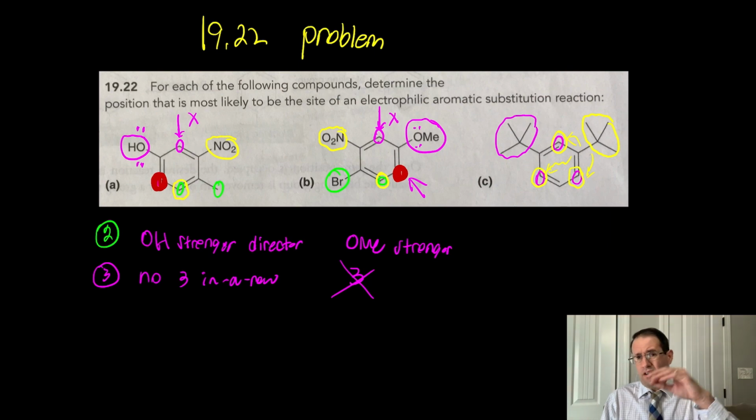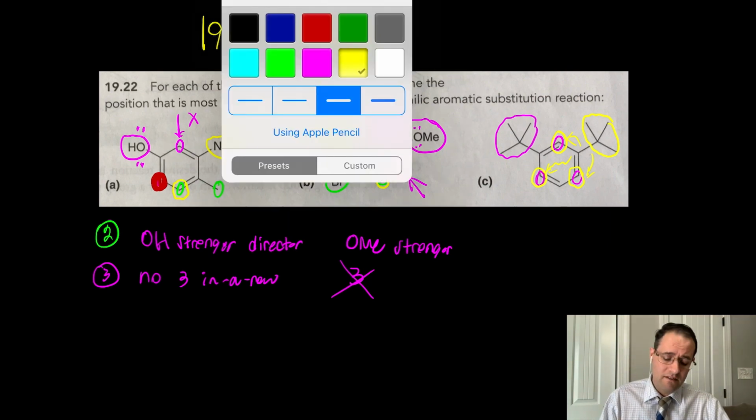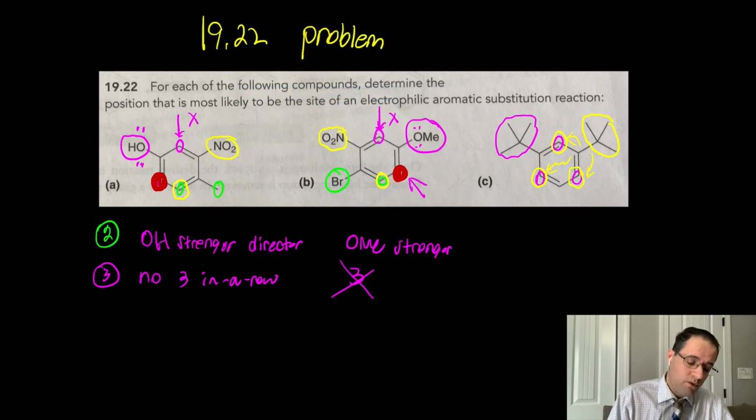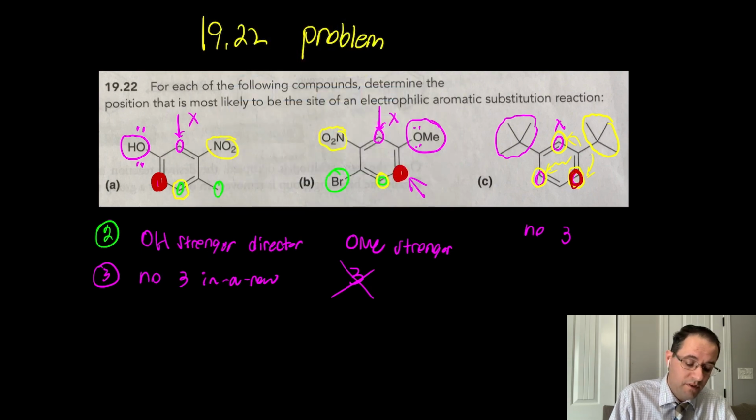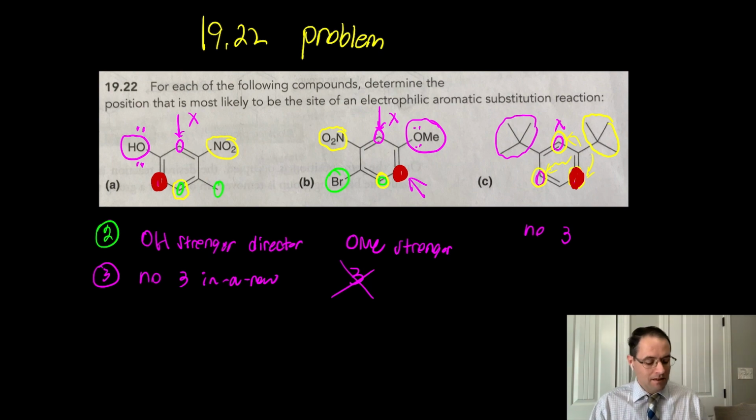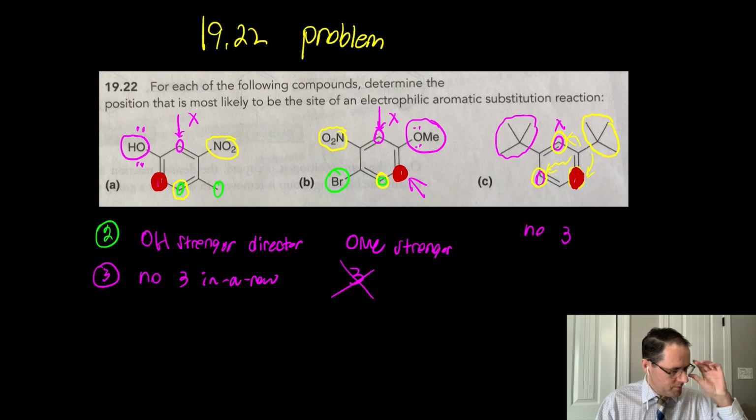Okay, so all the substituents are directing to the same locations. We want to use rule 3 here, no 3 in a row. So we don't put a substituent there. We get reaction, and we put something there. Okay? So that's problem 1922 in the textbook. There's a part D and E. I'll let you work on those yourself. Okay?